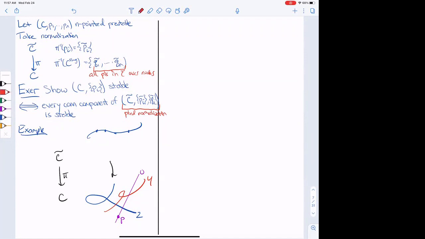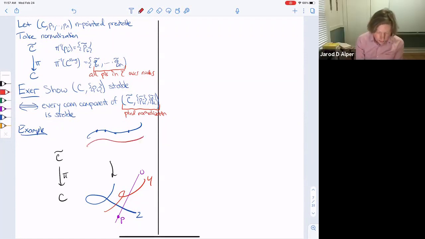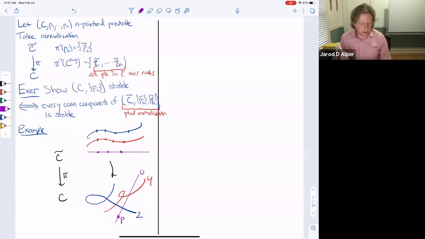And the red component is going to have how many points? 1, 2, 3, also 4 points. And the key here is for the rational subcurves, and this purple one also has 3 points. And so it's stable, both the curve itself and its pointed normalization are stable.